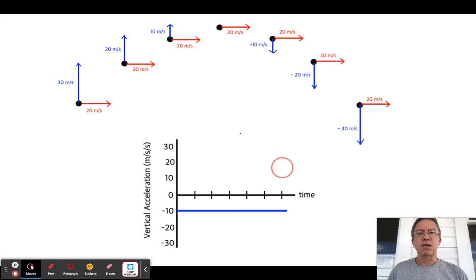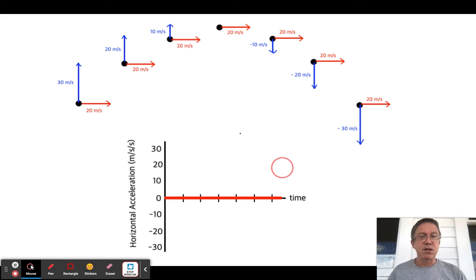If I did vertical acceleration, well, in the vertical direction, we know that the acceleration is going to be negative 10, g. In the horizontal direction, there isn't going to be any acceleration at all. We assume that there's no noticeable frictional loss of speed. So we say the acceleration is not going to be there in the horizontal direction.